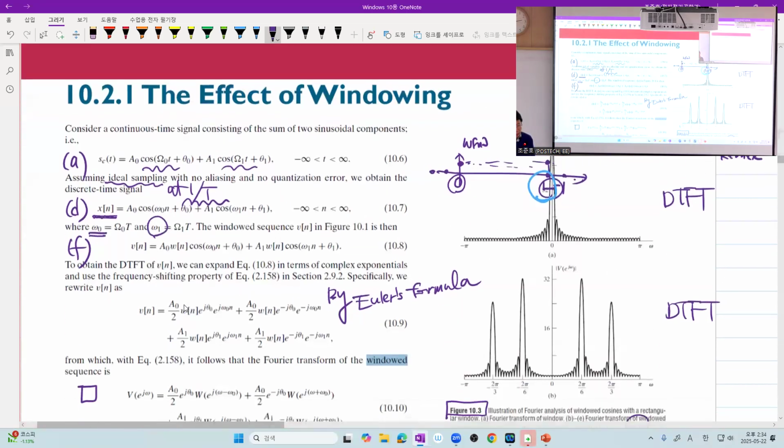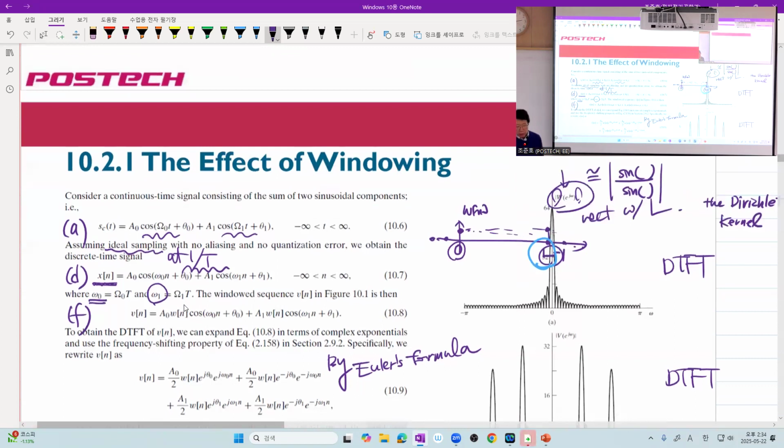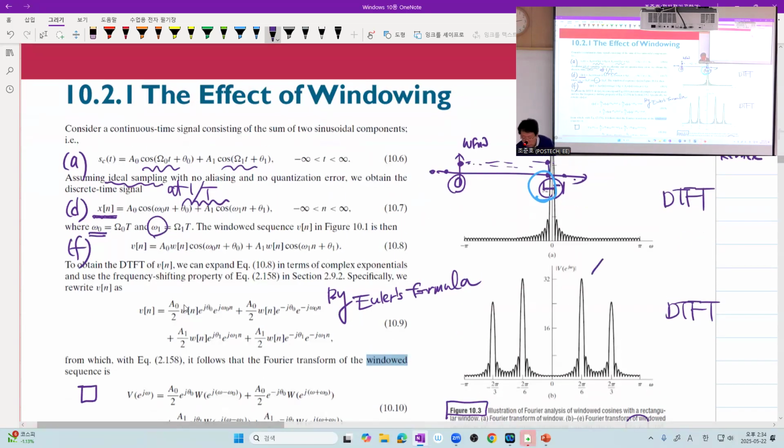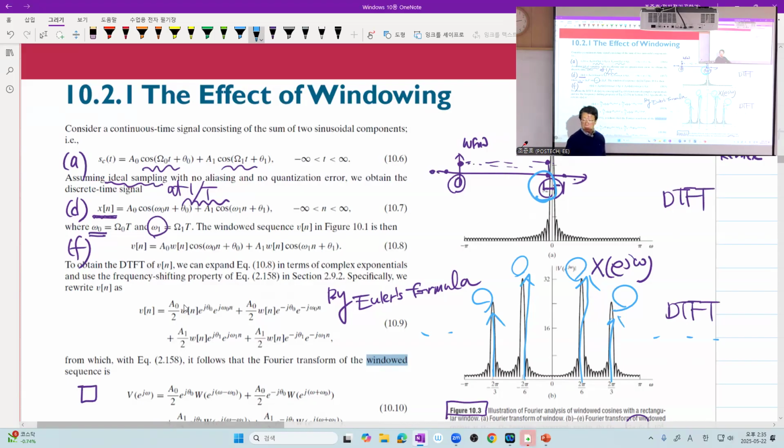So suppose you plot the DTFT of x, then what do you guess? You have Dirac delta functions. Of course, depending on this phase, you may have some phase shifting constant multiplied to these Dirac delta functions. Got it?